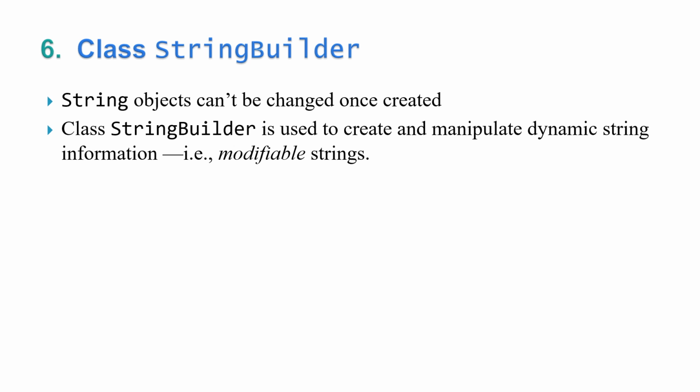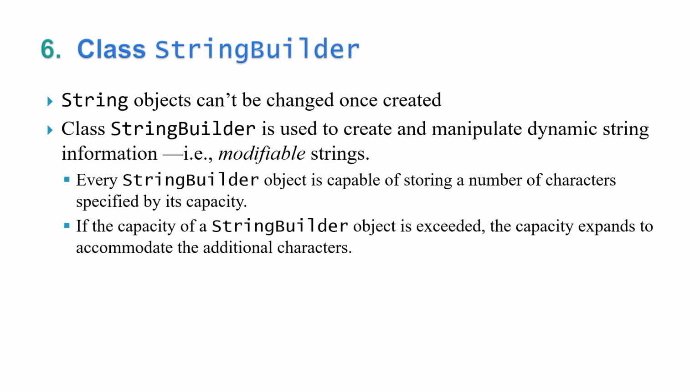Every StringBuilder object is capable of storing a number of characters specified by its capacity. If the capacity of a StringBuilder object is exceeded, the capacity expands to accommodate the additional characters.